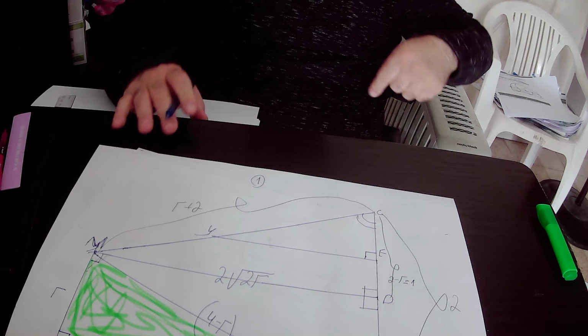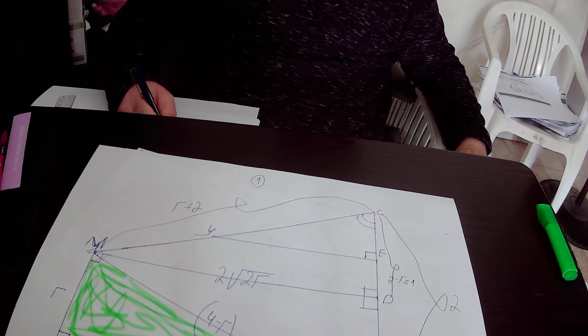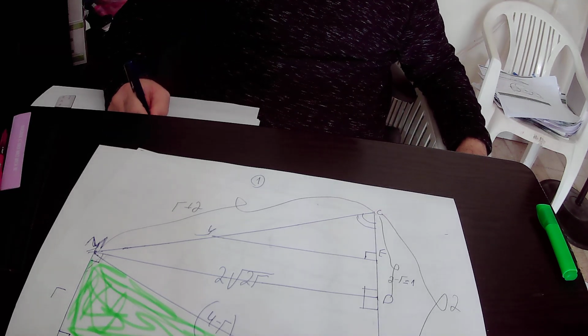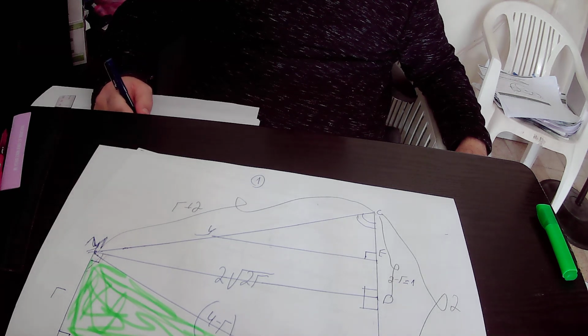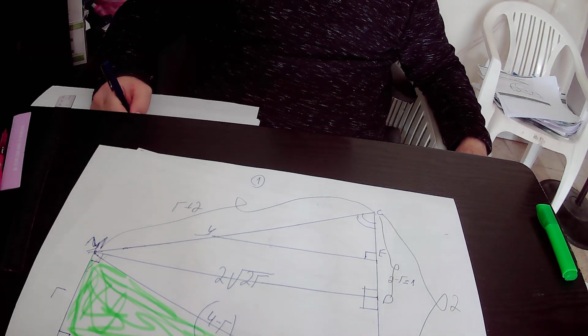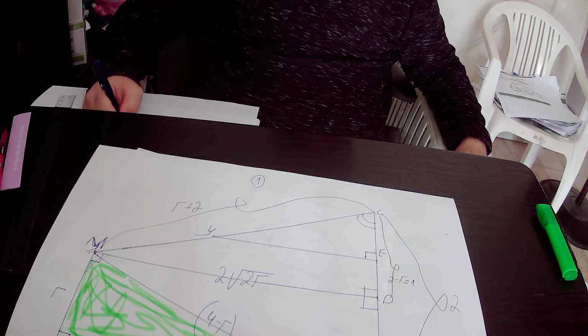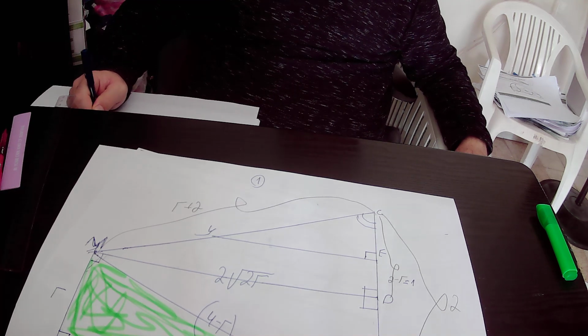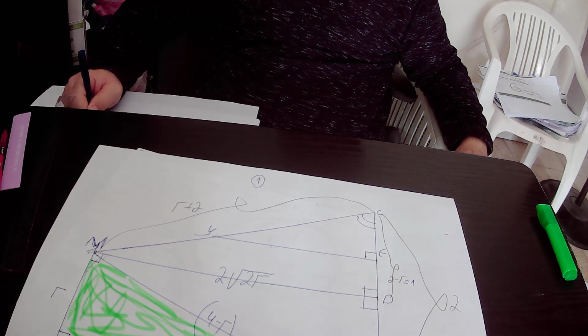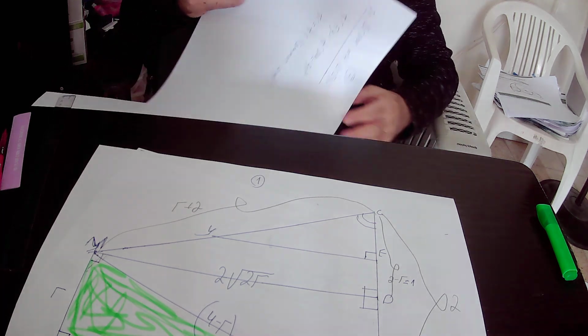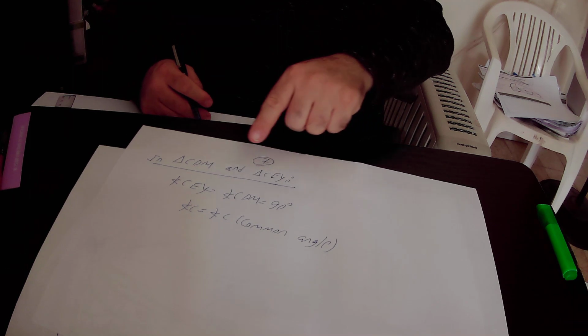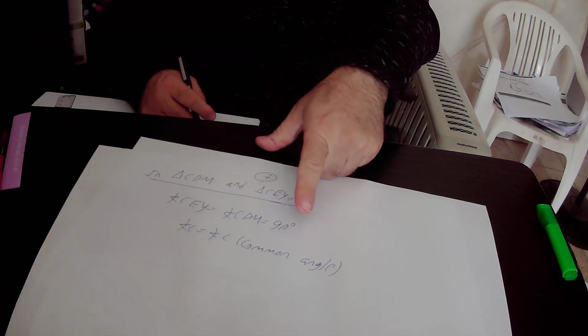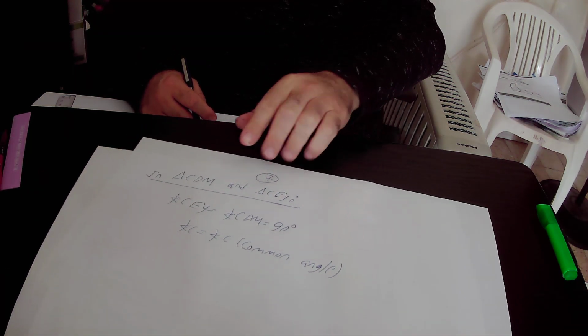So we can write down that angle C equals angle C. It's a common angle that belongs to both triangles. I will repeat again. Angle C equals angle C is a common angle that belongs to both triangles.